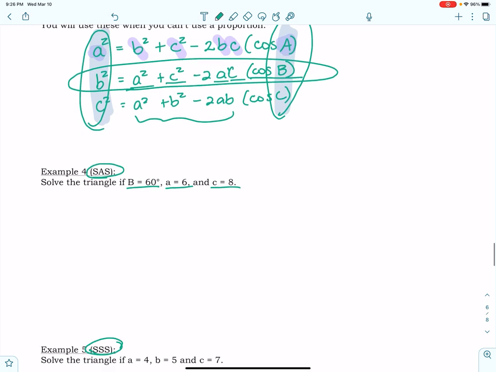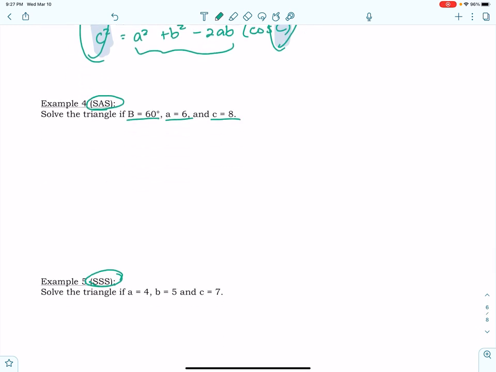So we are setting this up to find side B first. So I'm going to set this up as B squared equals A squared plus C squared minus 2AC times the cosine of angle B. So let's fill in what we know.